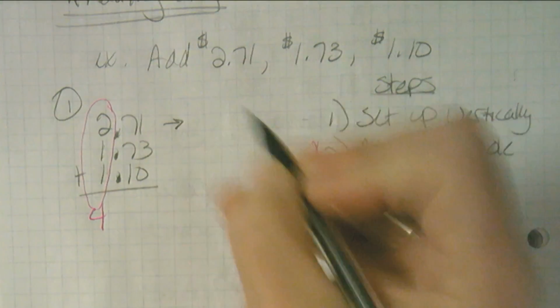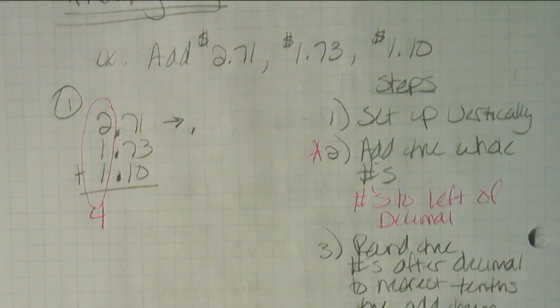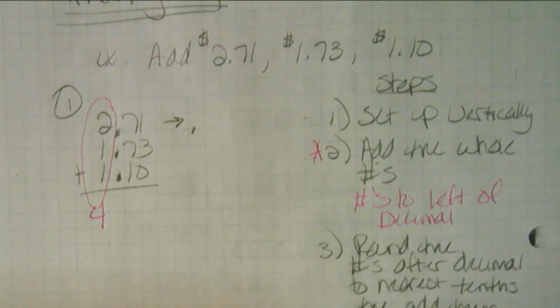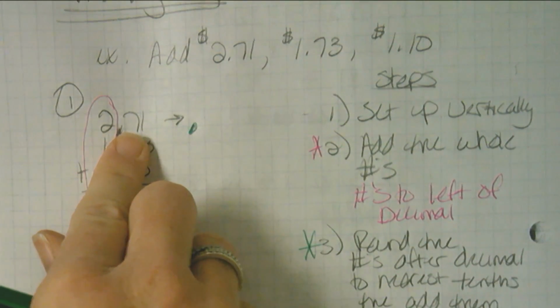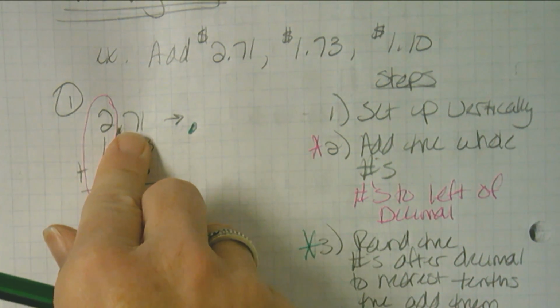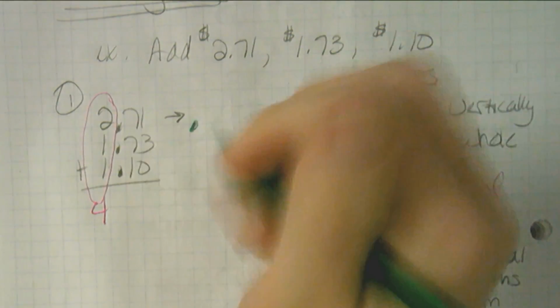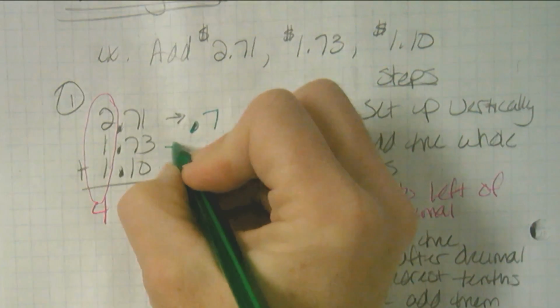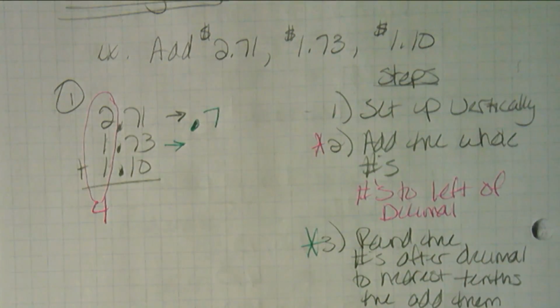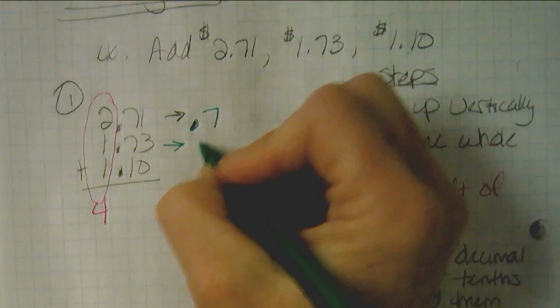All right, so what is 0.71 to the nearest tenths? Kira? 0.7, right? How about 0.73? What is 0.73 to the nearest tenth? Come on, you guys. Michaela. 0.7.